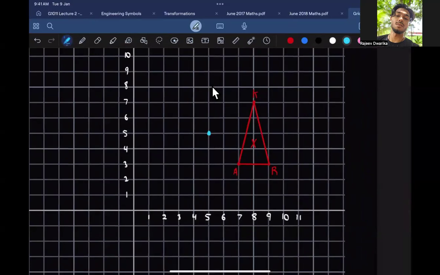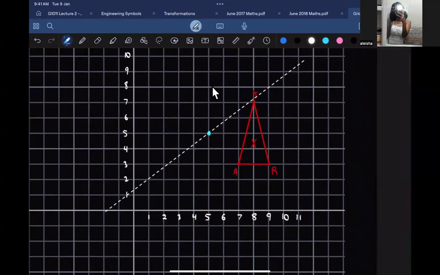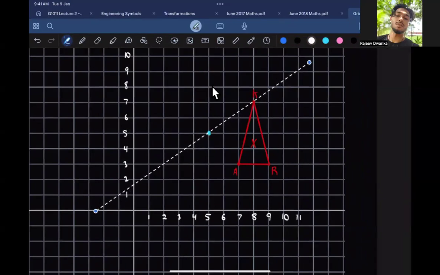If I lose anybody, tell me. Alicia, tell me if I'm starting to lose you. If I want to figure out my enlargement lines, my guidelines, what I have to do is connect the points to the center of enlargement. So I connect K to the center of enlargement.